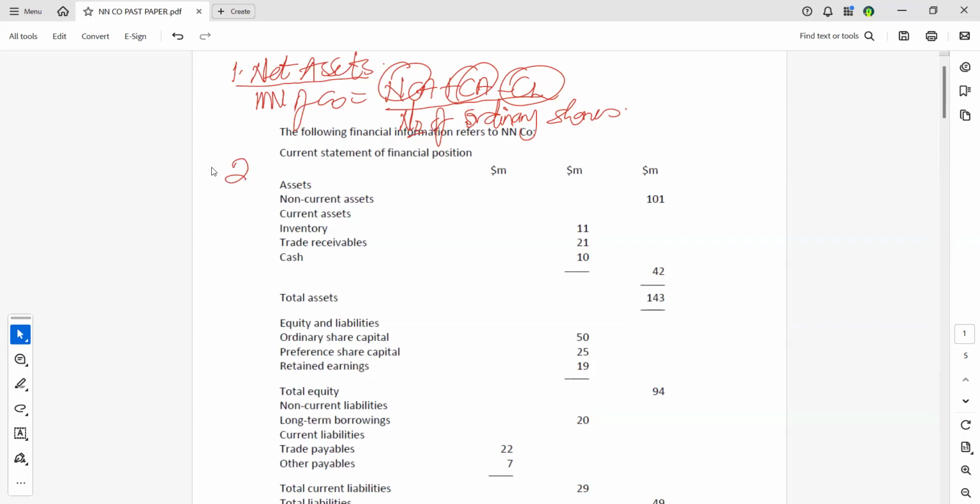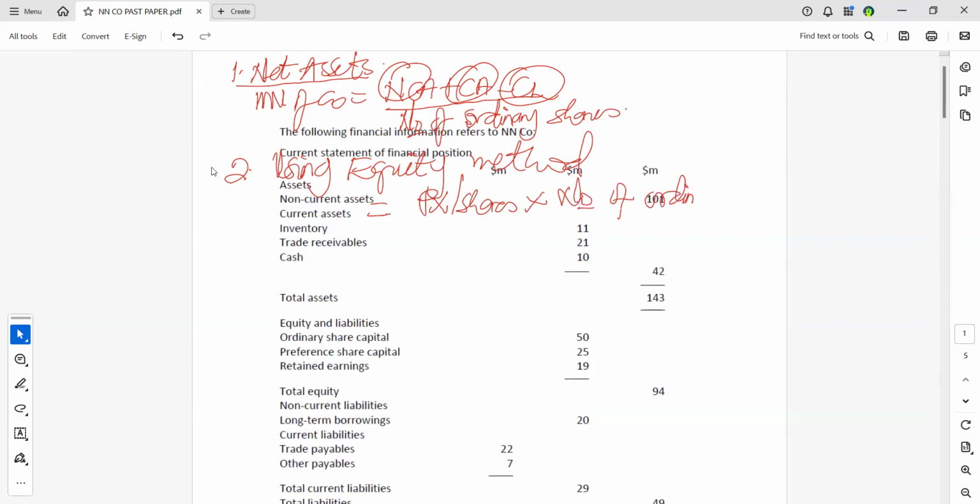Then I move on to look at the next perspective. Determine the value of a company using the equity method. So in using the equity method, the market value of a company is computed as the price per share times the number of ordinary shares.